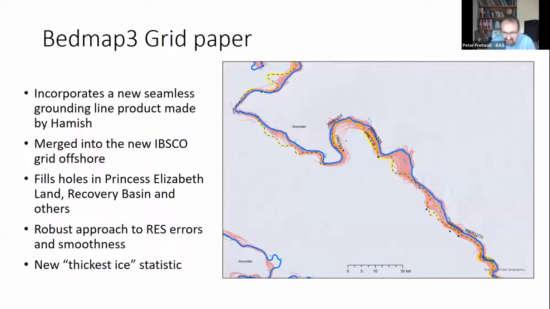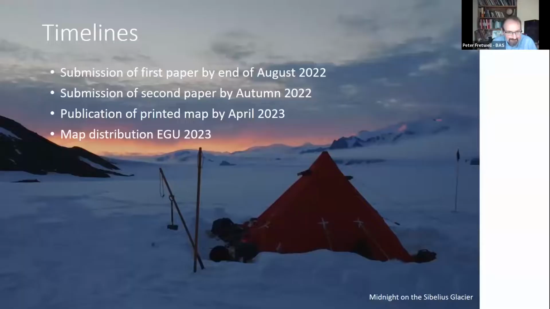Hamish has been doing this recently, using some of the SAR data and the tidal prism data, because at the moment there isn't a seamless good grounding line that we can use. That'll come as part of the bundle of new data sets as well. We also think we have a new thickest ice statistic, but I can talk about that later if you want.